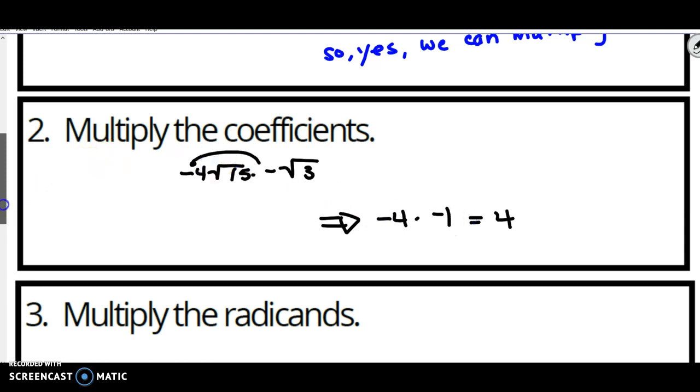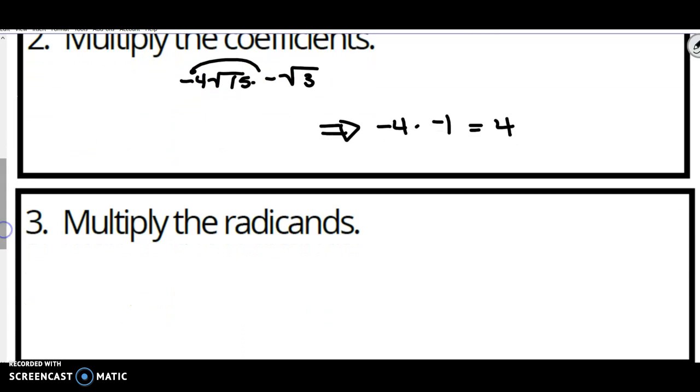Multiplying the radicands, the numbers underneath, that is going to be square root of 15 times the square root of 3. Well, square root of 15 times the square root of 3 is going to give you square root of 45. Hopefully that sends a little bit of a red flag to you, because that has a perfect square factor.